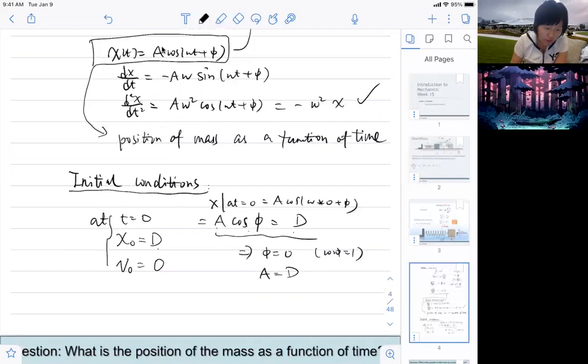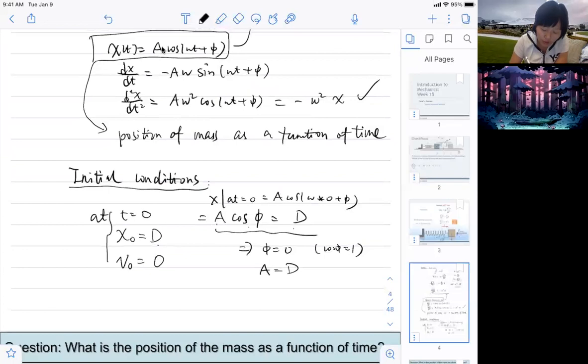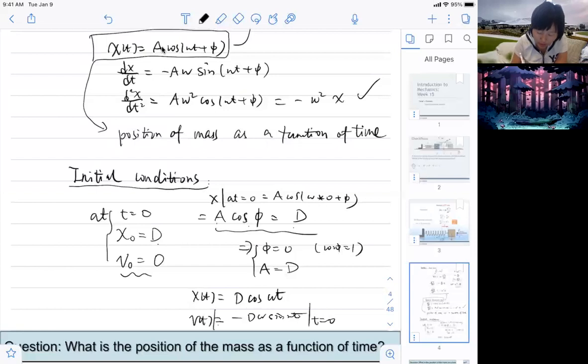Okay, so with these two, we can figure out that x as a function of t is d cosine omega t. We know these constants. Of course, it also satisfies the initial condition for your velocity. You can do a double check. The velocity is negative d omega sine omega t, and at t equals 0, it is 0.